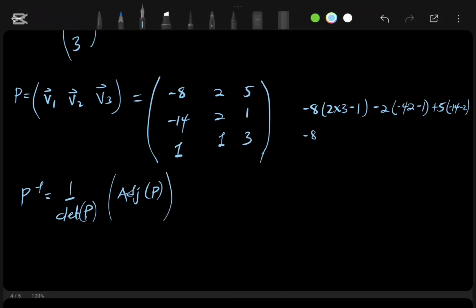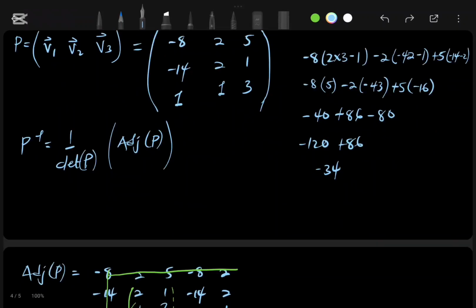This gives us minus 8 times 6 minus 1 is 5, then minus 2 into bracket minus 43, then we have plus 5 into bracket minus 16. So we have minus 40 plus 86 minus 80. So we have minus 40 minus 80, we have minus 120 plus 86, minus 34. That's the value for our determinant of P.